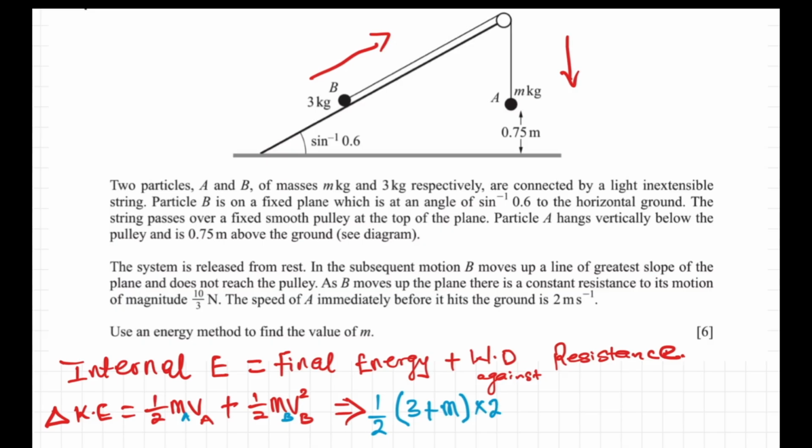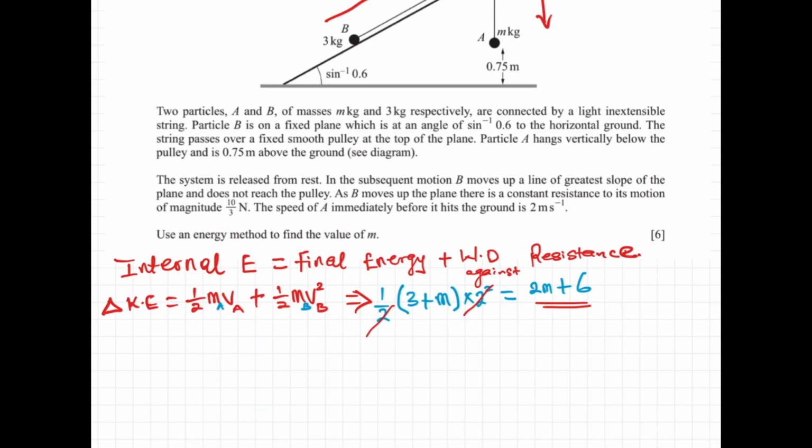So this is times v squared. When we do that, we cancel the 2 here. That gives me 2m plus 6, because I will just simplify this. So this is the change in kinetic energy.